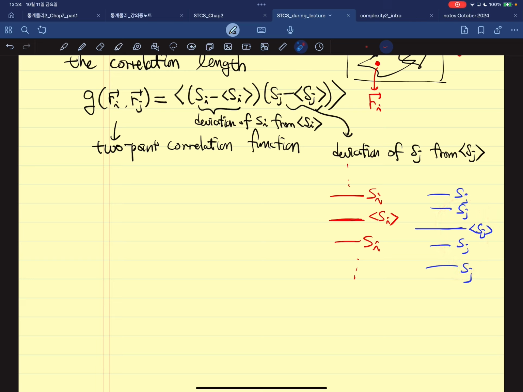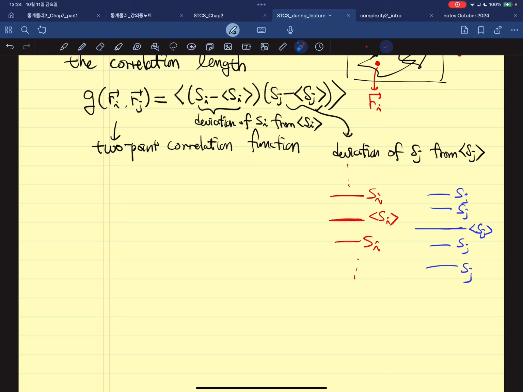So if you average out this product, sometimes it goes the same direction and sometimes it goes the opposite direction. So if we average out this term, it will be close to zero when these two variables are completely uncorrelated.